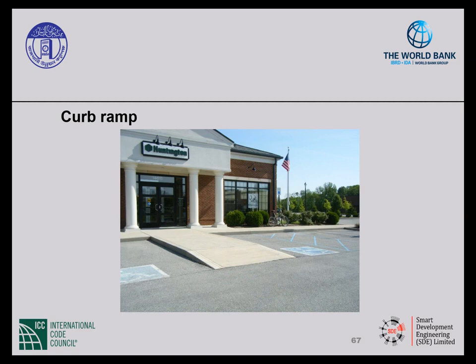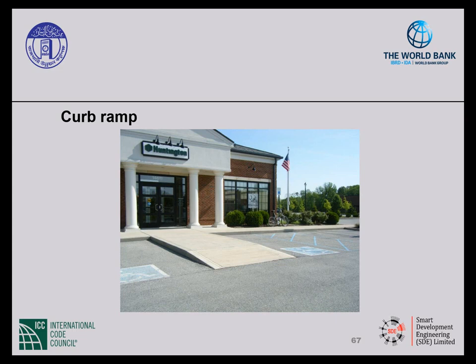So what about this curb ramp? Do you think it complies? We have access aisles on either side of the handicap parking place, so the curb ramp is not actually in the access aisle. It also does not project out into the vehicular way. It appears that the slope is close to a 1 in 12.